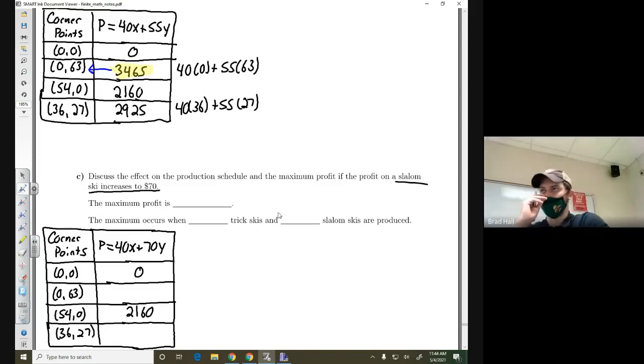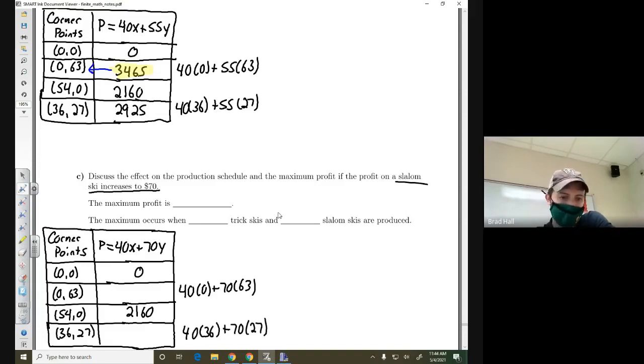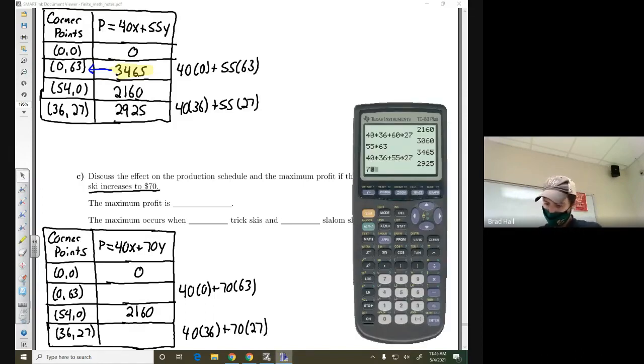If you plug them in, you'll see that for yourself. 40 times 0 plus 70 times 63, and then 40 times 36 plus 70 times 27. 4,410, 3,330.